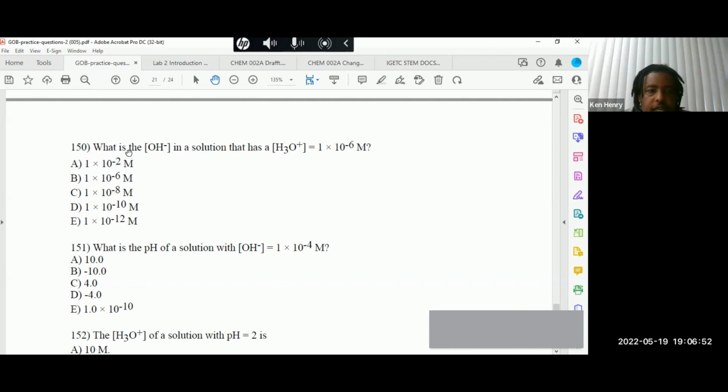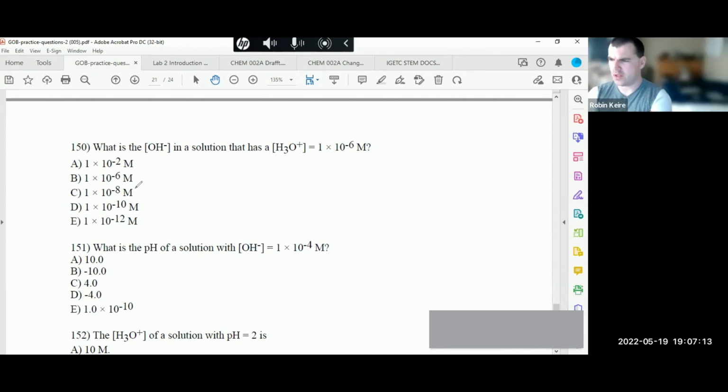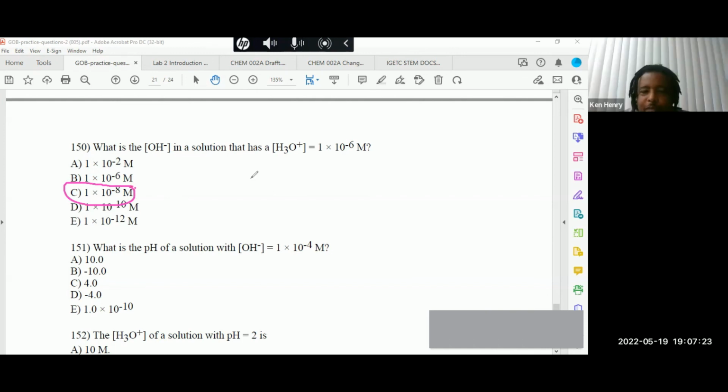Okay, it says, what is the concentration in a solution that has 1 times 10 to the minus 6 concentration of the hydronium ion? So it's the same problem, but done the opposite way, right?